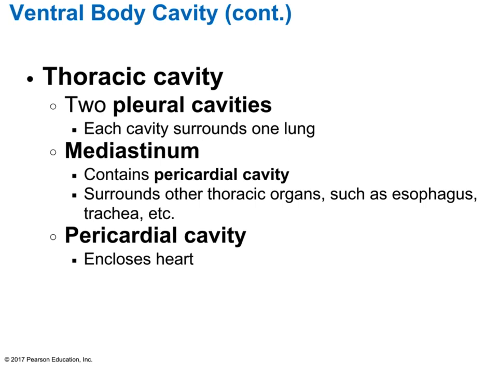For example, if I wanted to know 3 cavities where I could find the heart, well, I could find the heart in the pericardial cavity. I could also find the heart in the thoracic cavity. And I could find the heart in the ventral body cavity. All of those answers are correct.